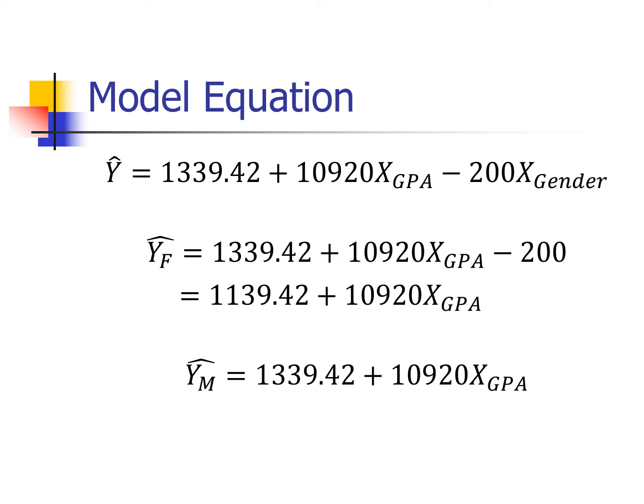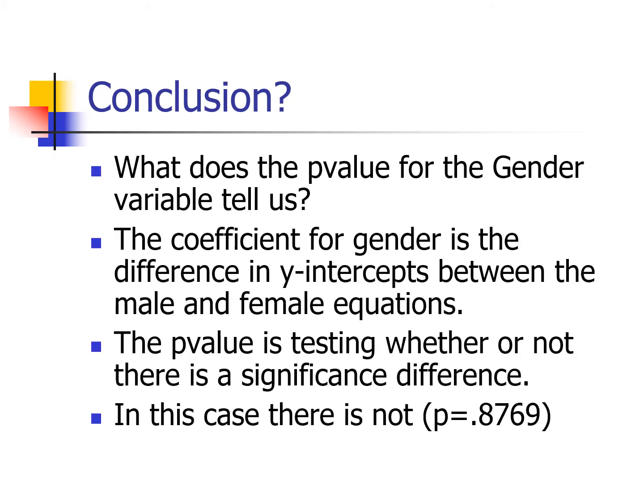So again, to summarize, actually, I think on the next slide I summarize. So let's take a look there. The coefficient for the gender variable is the difference in y-intercepts between males and females. But since those equations are parallel, it's the difference between male and female at any value of x. More largely, we could think of it as the difference between males and females. Is there a significant difference between males and females?